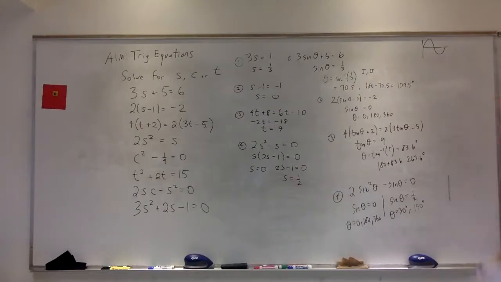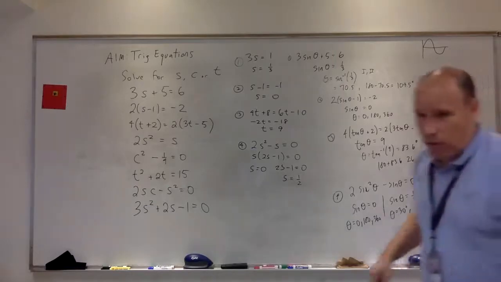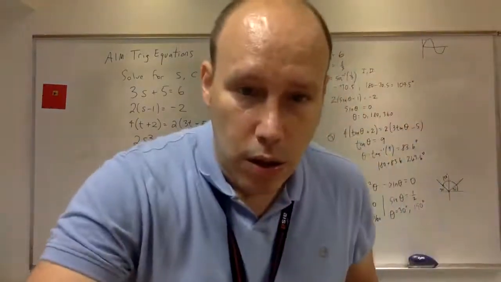Can you see over here? Yeah, you can see over here. A visual is, here's 30, rotation. That's 150, because that has a 30-degree reference angle. Okay, I'm going to pause the video.